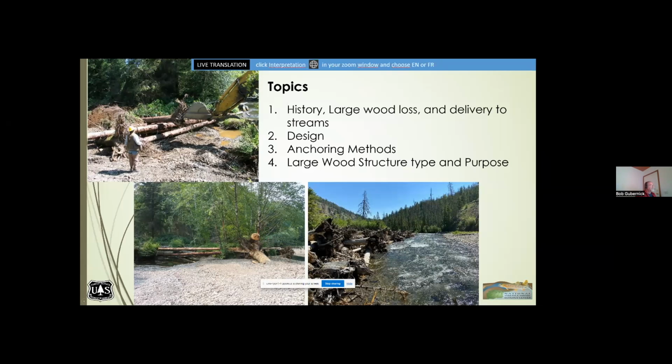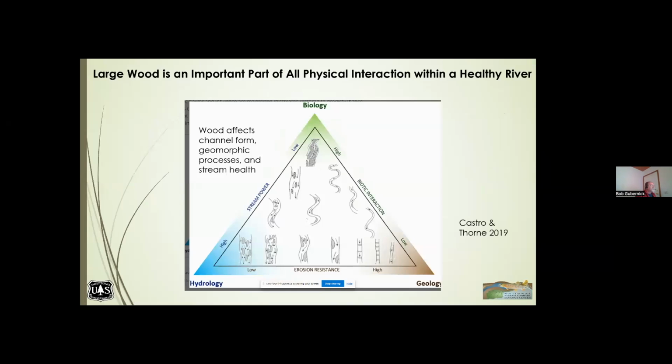And what you see here in the graphic is that, depending upon where you're at, if you have high flows or low flows, and on the left you have stream power, which is just a function of discharge and width, and then the erosional resistance, which is a function of the geology. And so the hydrology and the geology move the materials around depending upon channel gradient, and different biotic fish, benthic organisms and all can take advantage of some of these different things.